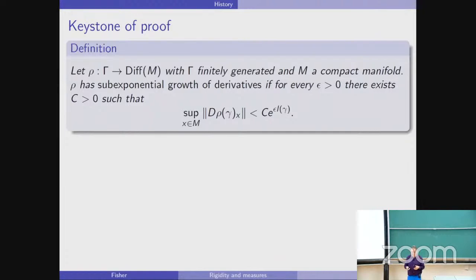So it's some sort of slow growth of derivatives. It's a uniformly slow growth of derivatives, and it's essentially the formal negation of hyperbolicity in dynamics. It's the formal saying there's absolutely no hyperbolicity allowed in my dynamical system. That's more or less what it says.